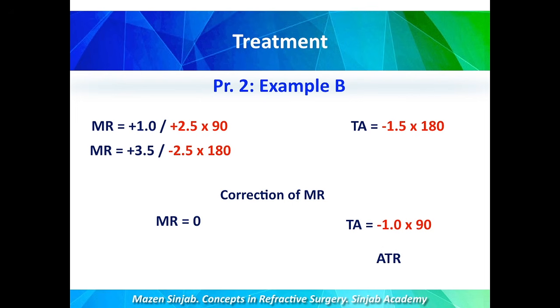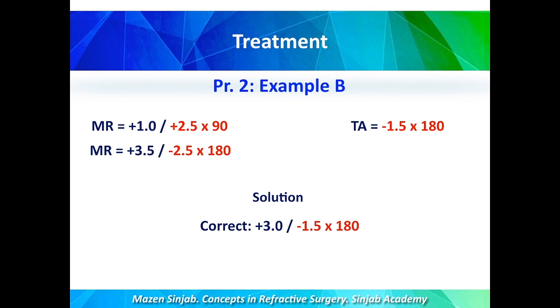He cannot tolerate this. So the solution is to correct +3 -1.5 at 180. The -1.5 is the amount of topographic astigmatism, and the remaining, which is 1 in comparison with the manifest astigmatism, half of it has been added to +3.5, and we are going to correct the same spherical equivalent.